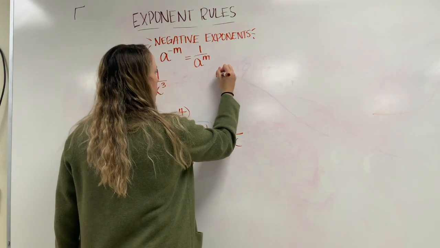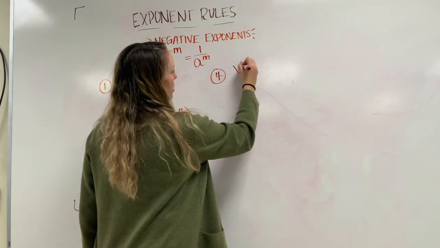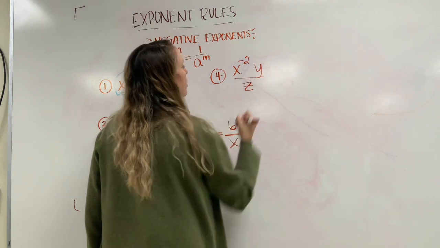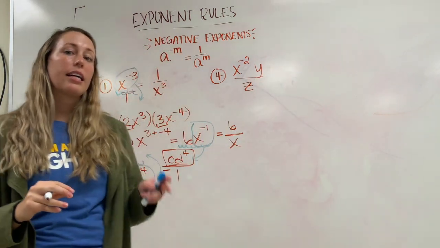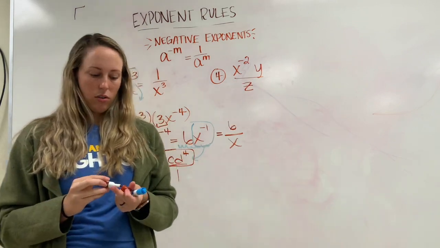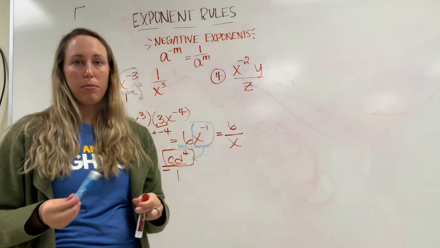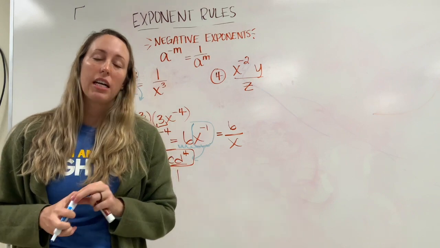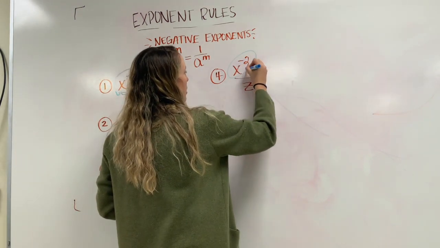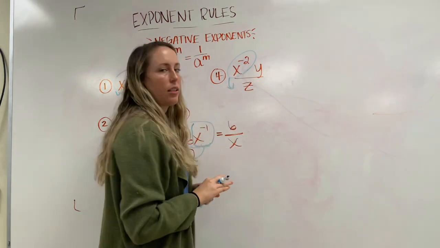For number 4, we have x to the negative 2 times y over z. Okay, that negative 2 is only attached to the x. The x is the only negative thing in this problem, or the only thing with a negative exponent in this problem. So we're going to take this x and this negative 2 and we're going to make it positive.